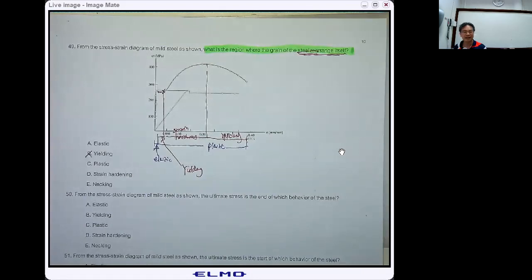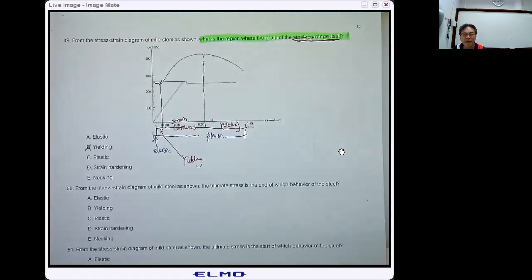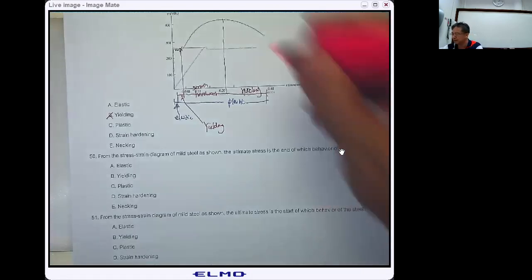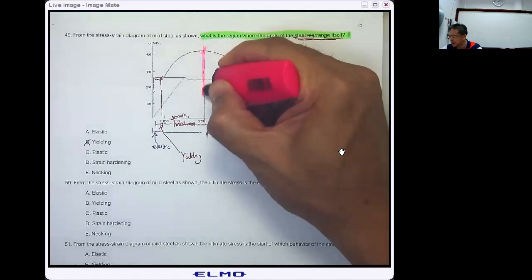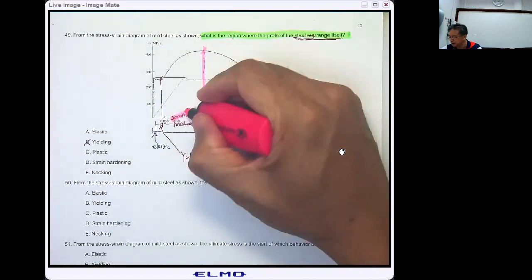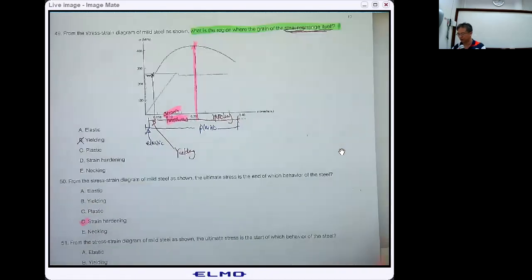Okay, next, from the stress strain diagram of mild steel, the ultimate stress is the end of which behavior? The ultimate stress is going to be this point. It is the end of the strain hardening behavior for sure.